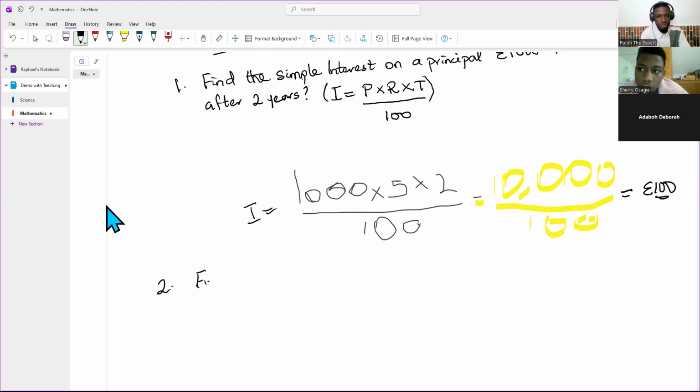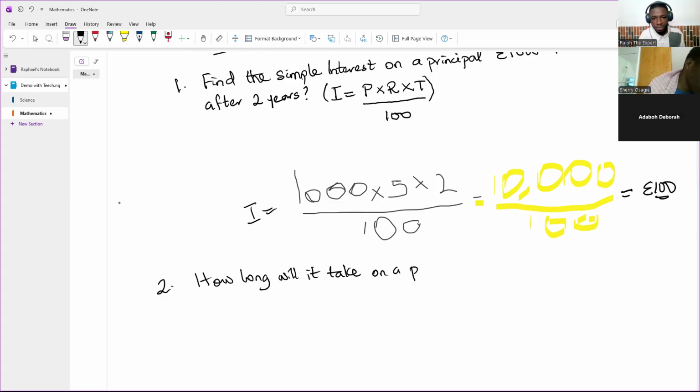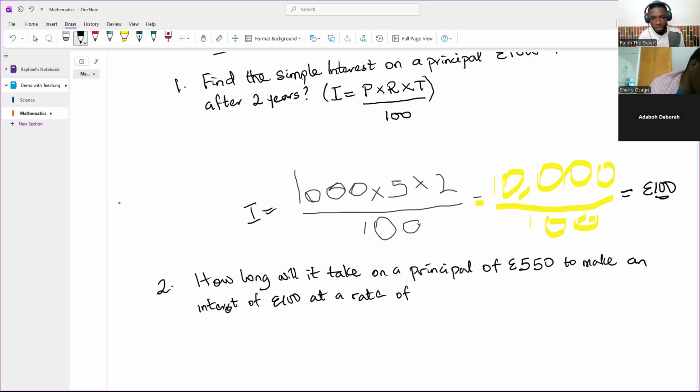So find how long will it take on a principal of 550 euros to make an interest of 100 euros at a rate of 7%?